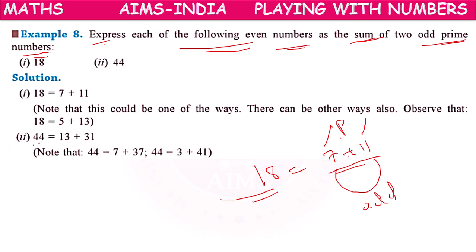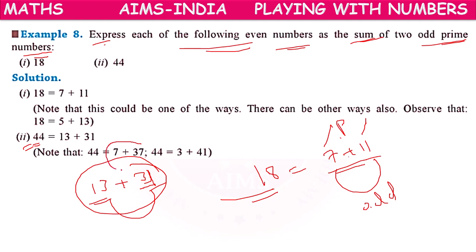Okay. Next 44. 13 plus 31. 13 is an odd number. 31 is an odd number. Both are prime numbers. Sum of odd prime numbers equal to 44. We can also write 7 plus 37, or 3 plus 41.